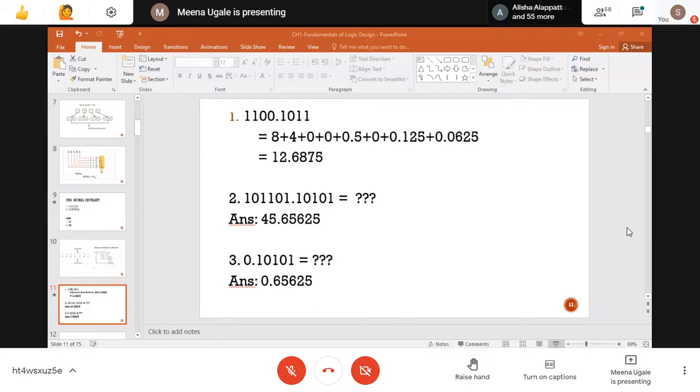Second one is 101101.10101. Try to find out the decimal equivalent for this. Take 1 or 2 minutes and solve it. Once done, you can type in the chat box. I will see in the chat box.